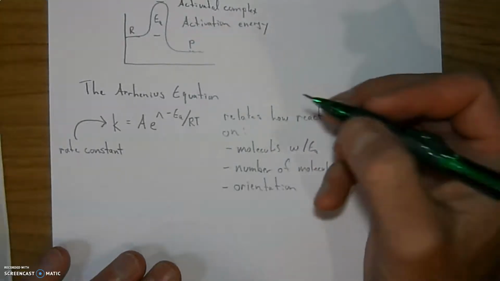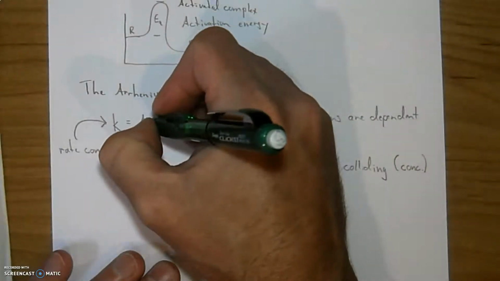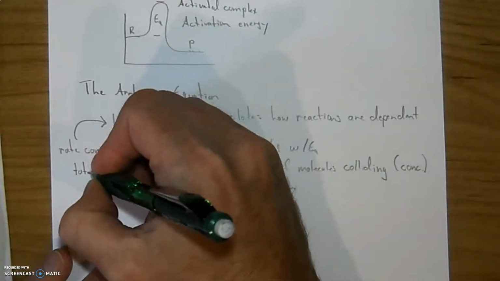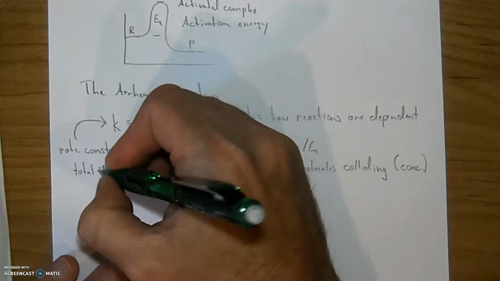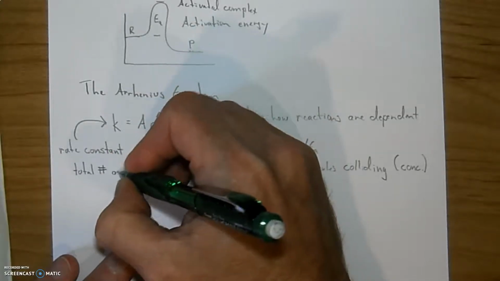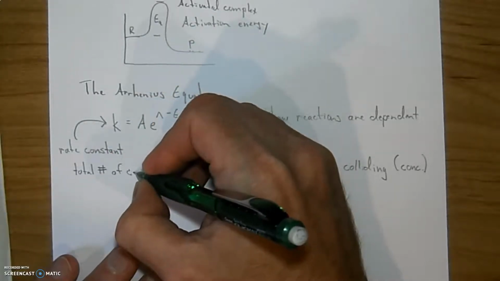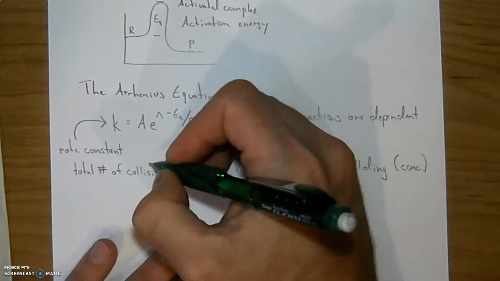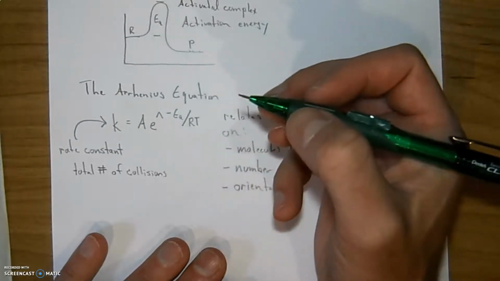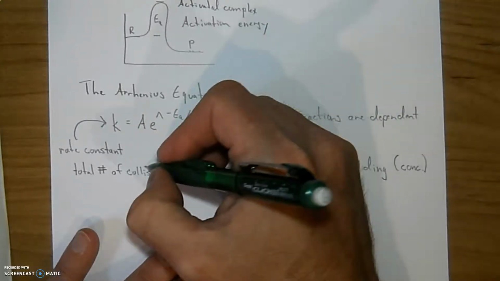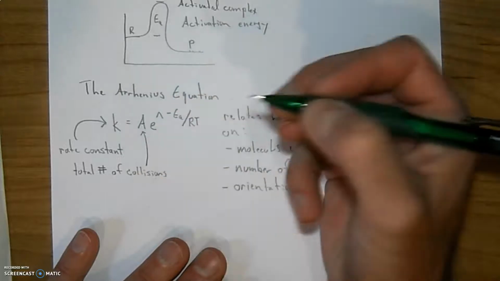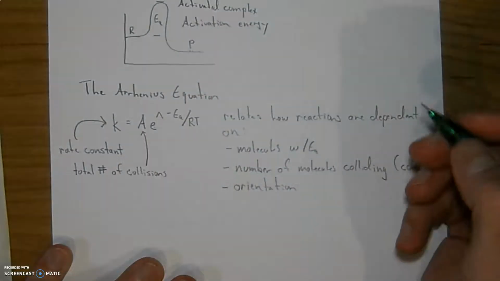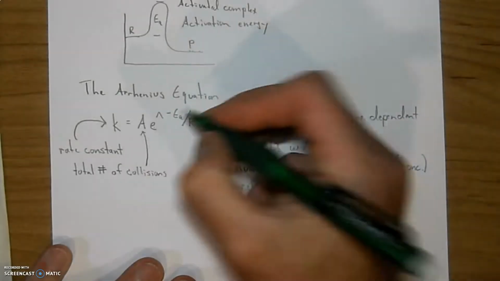For the letter A, that just has to do with the total number of collisions. And I believe it's called the frequency factor. But we're not going to really worry about that. It's just a constant. It doesn't really affect anything. We just ignore it. E is just exponential probability. E sub A we already talked about.